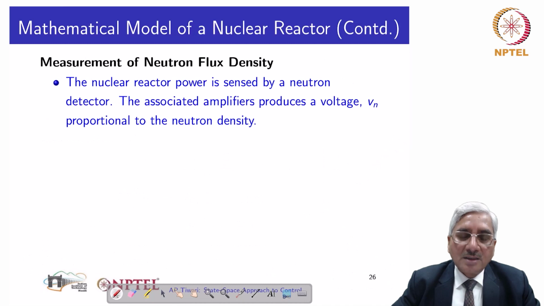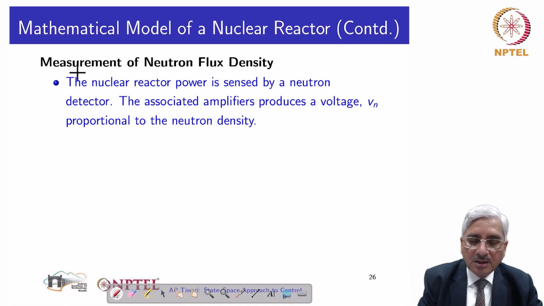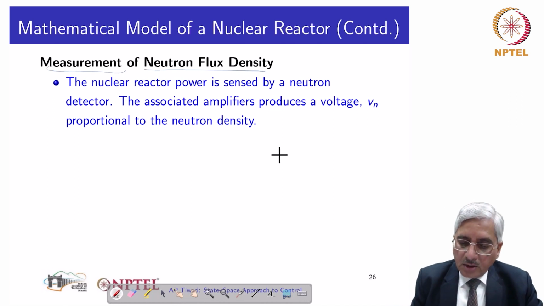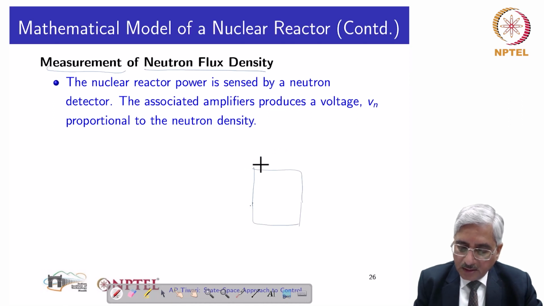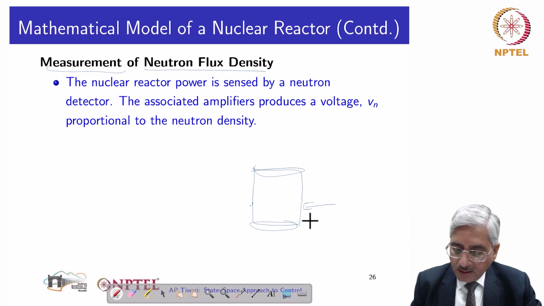Now, as I said, for a control engineer, the measurement of neutron flux is important and there should be a way of controlling. So we will also model the instrumentation for the neutron flux density. If I show this as the core, the cylindrical core, then somewhere near it, just at the boundary of the core, there is a so-called ion chamber.